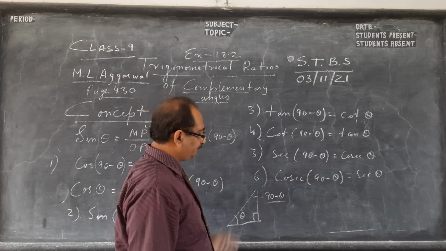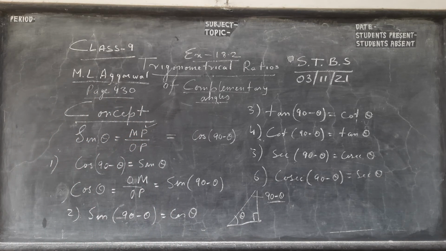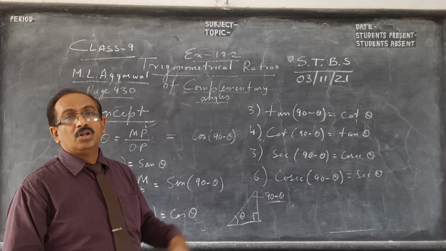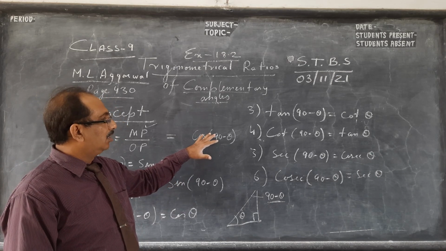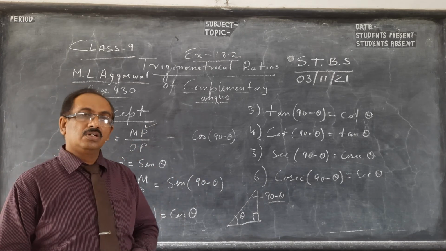Same way sec and cosec. So kindly pause the video and copy, and you can refer to your book also, and in the next video I will do a few sums on this to elaborate on this concept.